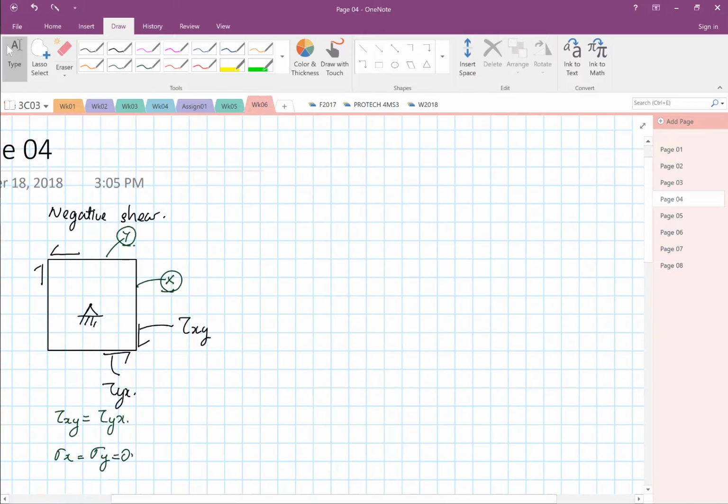Then we go on to Mohr circle now. Alright, we know that this is our normal stress. And then the next one, this is our vertical axis, shear stress on Mohr circle domain.